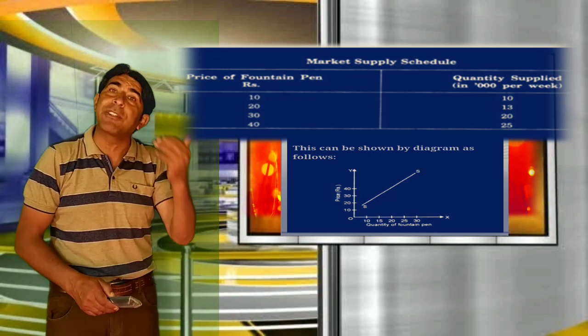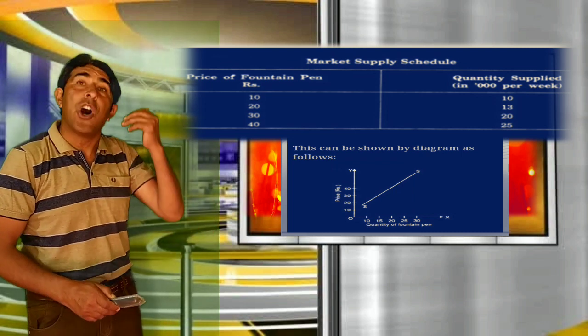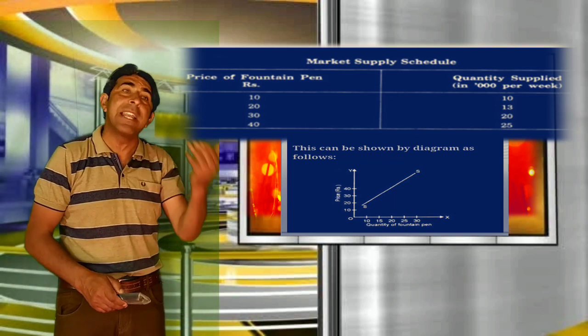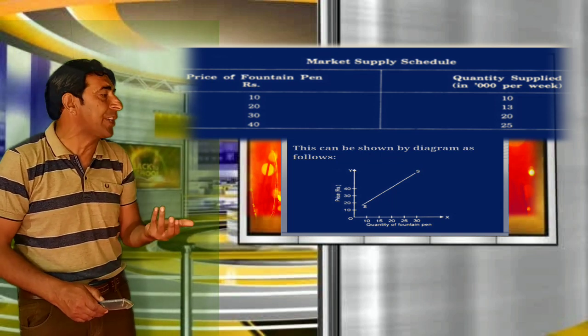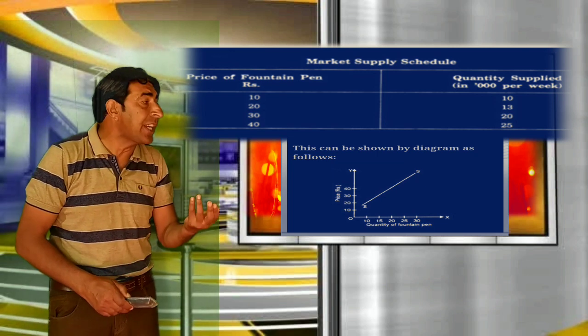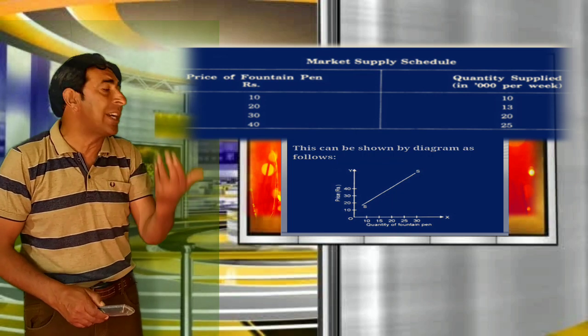When the price of the fountain pen increases from 10 to 20 per unit, quantity supplied of the commodity increases from 10 to 13 units. Again, the price increases from 20 to 30, quantity supplied again increases from 13 to 20 units.